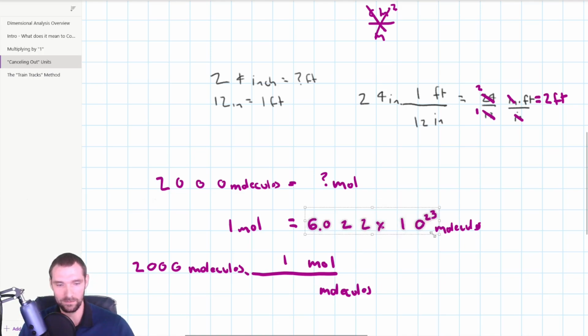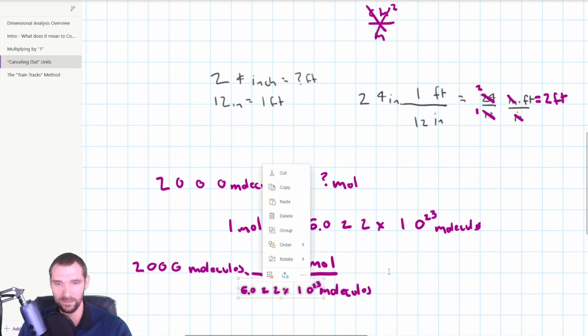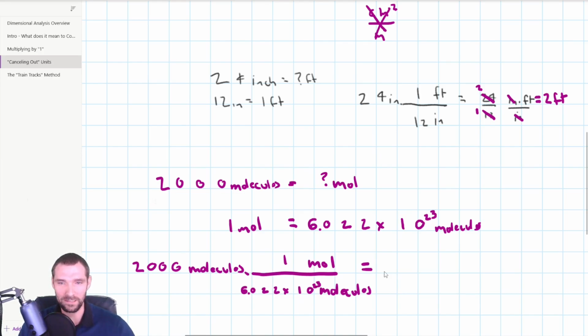I'm lazy, so I'm just going to do that. And we should be able to do that on our calculators. Might take a little bit of time, but it is doable, and that should work for us. And we can find the amount of moles here, because we're left with just moles.